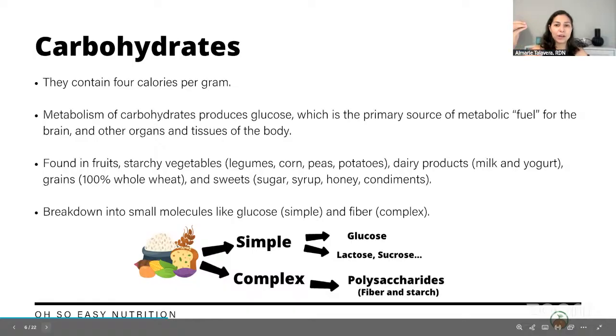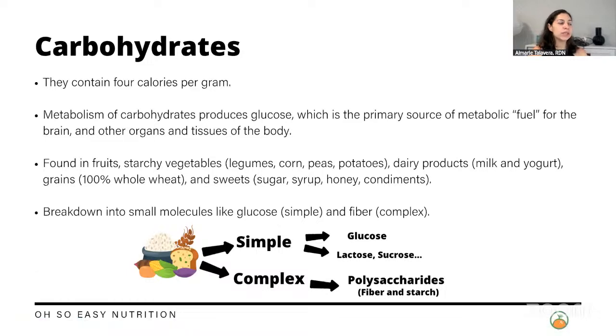They have that glucose molecule inside, and they're typically found in fruits, starchy vegetables like legumes, corn, peas, potatoes, dairy products like milk and yogurt, whole grain wheat or any grain, and then sweets like sugar, syrup, honey, condiments, and any other sweet additives that contain calories.